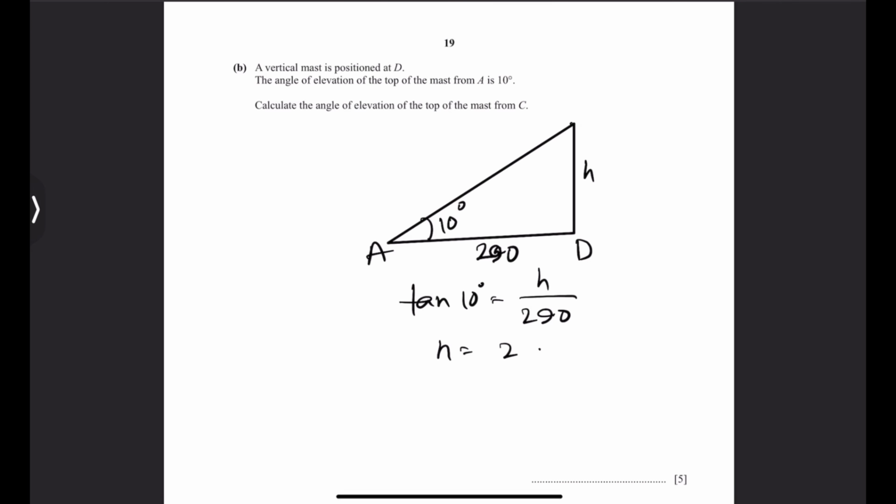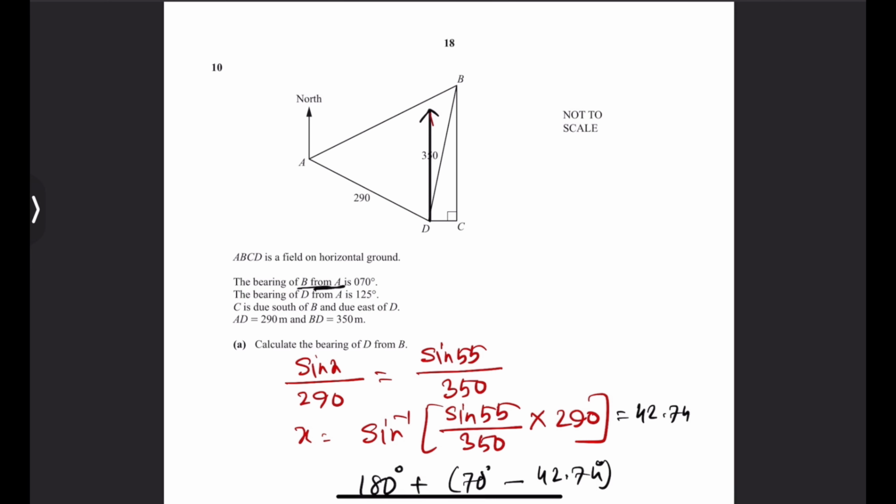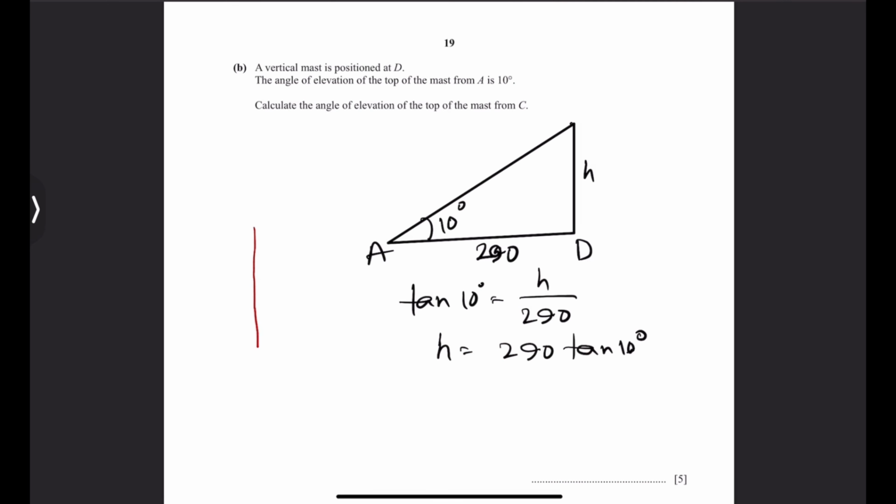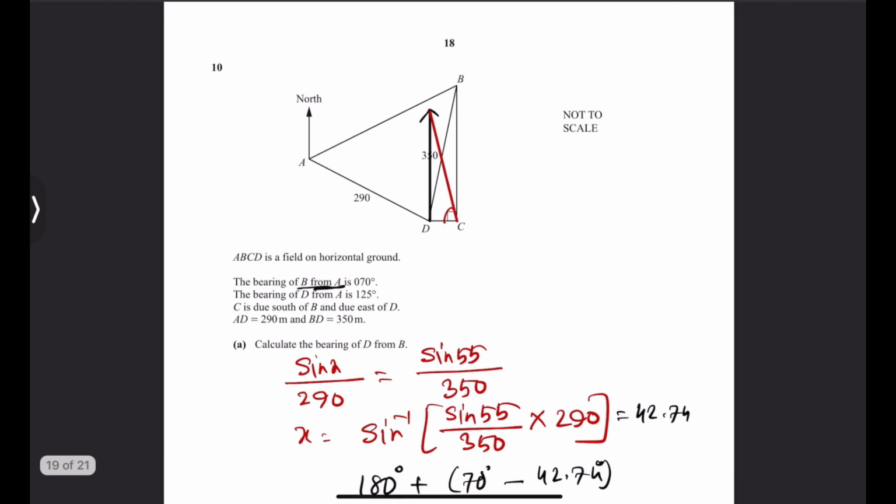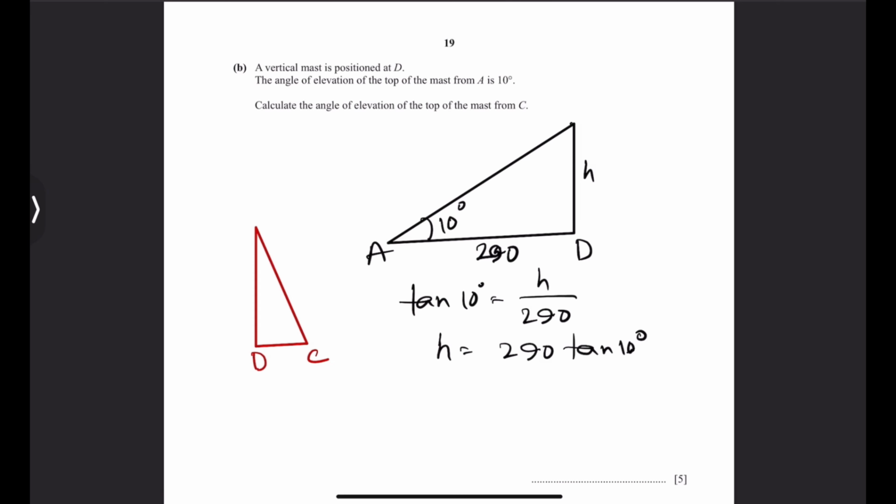So H equals 290 tan 10 degree. We need to find this DC first of all, then we can find the rest.